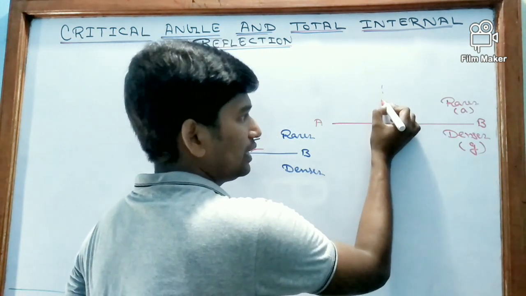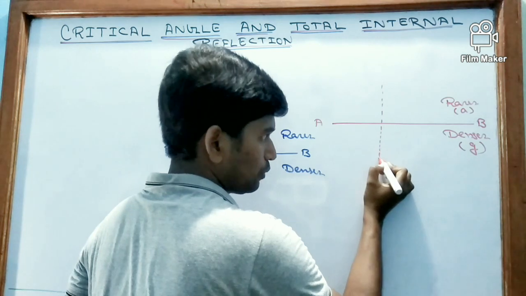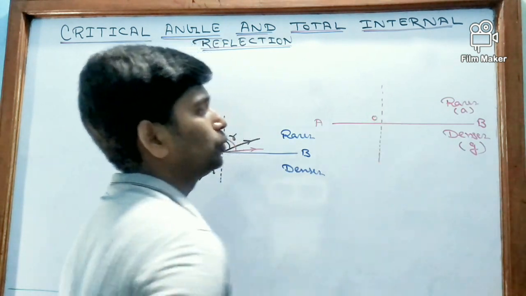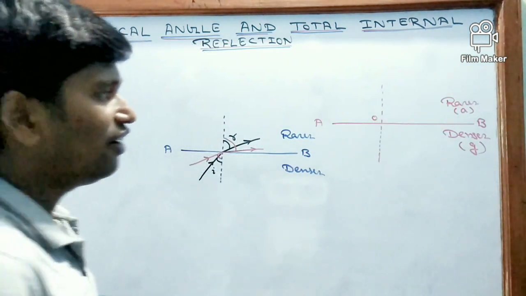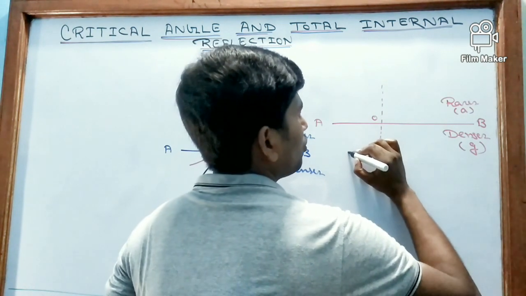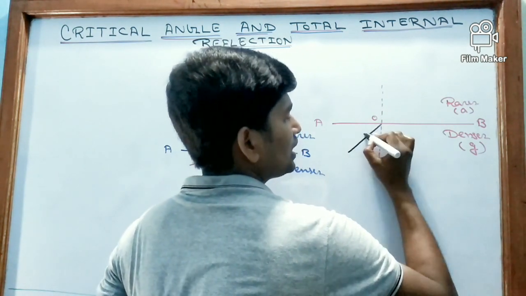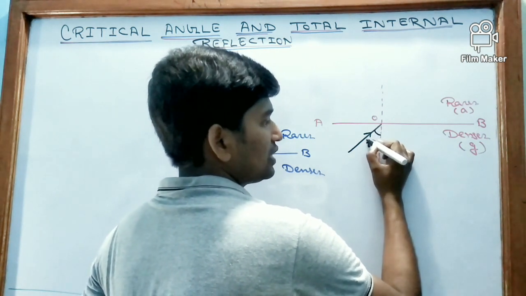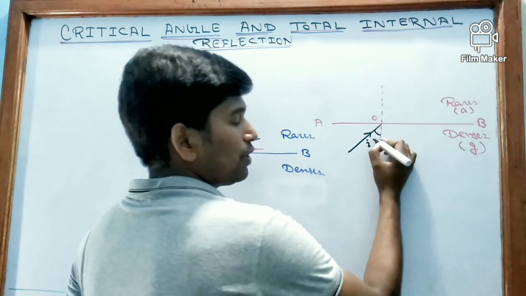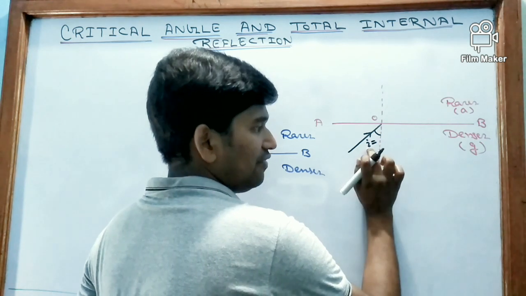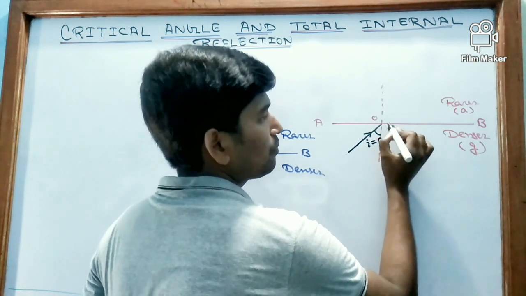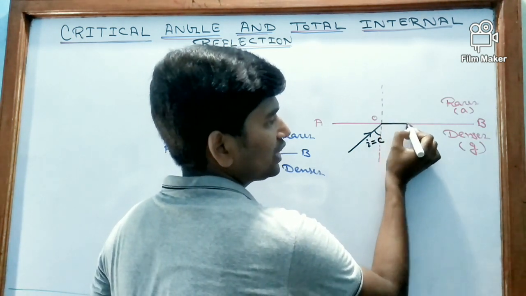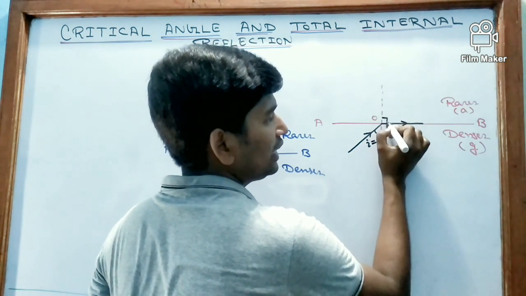One normal I am taking, a normal at point O. If a ray of light is traveling from denser medium to rarer medium, this is the angle of incidence I. For a particular angle of incidence, if I equals C, then the angle of refraction becomes 90 degrees.